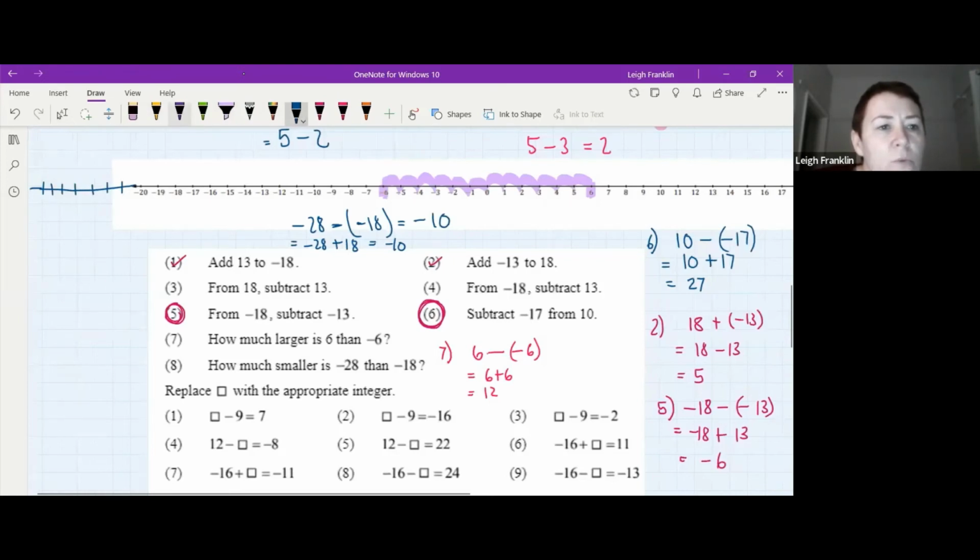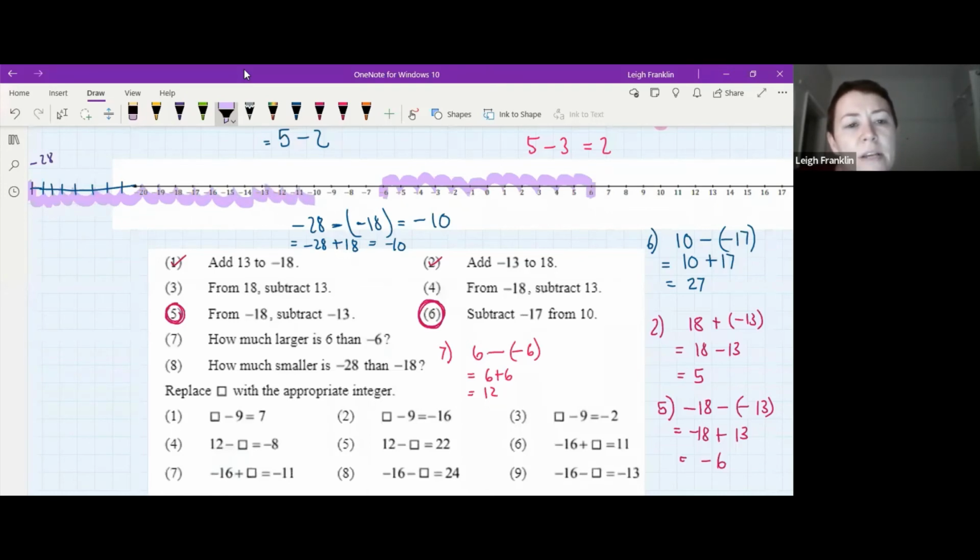Our numbers are getting so small. Okay, so there's -28. Now I'm starting at -28 and moving 18 places to the right-hand side. 1, 2, 3, 4, 5, 6, 7, 8, 9, 10, 11, 12, 13, 14, 15, 16, 17, 18. So whoever said -10, you were right. Well done.